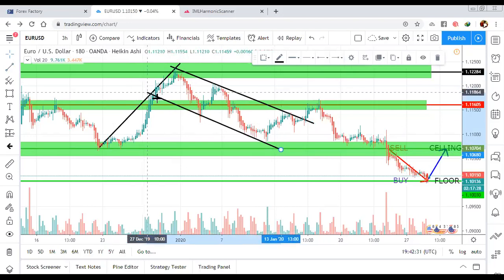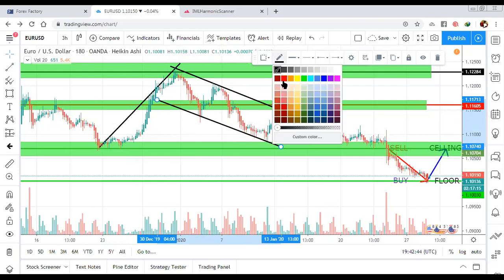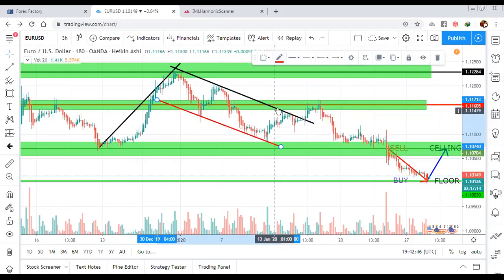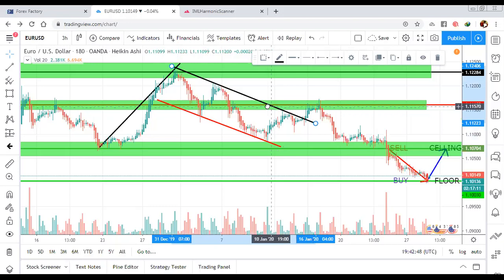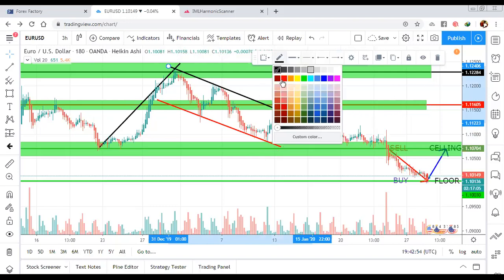Now, what I'm drawing right now is actually trend lines. I'm going to change colors. Where you see red, you should know is a sell.